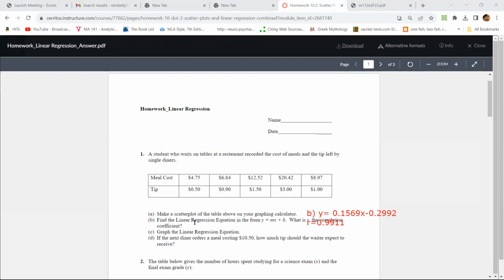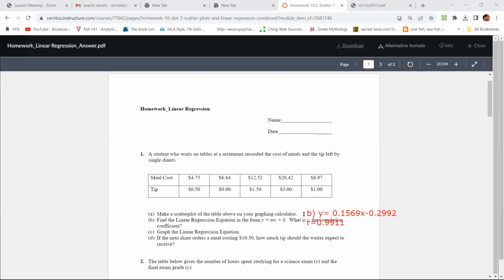The last piece asks a question, and it says, if the next diner orders a meal costing $10.50, how much tip should the waiter expect to receive? Well, when you write this regression equation here, you can either use it to solve for the X or the Y. In this case, it says the next diner orders a meal costing $10.50.